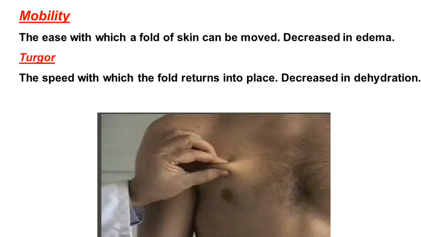Also, you should assess mobility, the ease with which a fold of skin can be moved. This mobility may decrease in edema. Turgor is the speed with which the fold returns into place. Decreased turgor occurs in dehydration. Turgor may increase in edema.